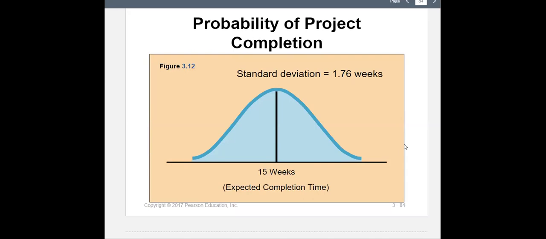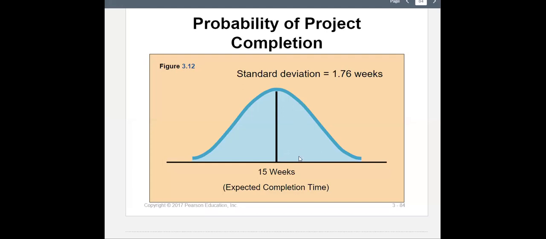All right, so that's our normal distribution. That's our expected completion time, 15 weeks, right? If the question says 16 weeks, what's the probability of finishing this project in 16 weeks? 16 weeks is somewhere around here. The probability to finish the project in 15 weeks, of course, that's the center, that's half, that's 50%.